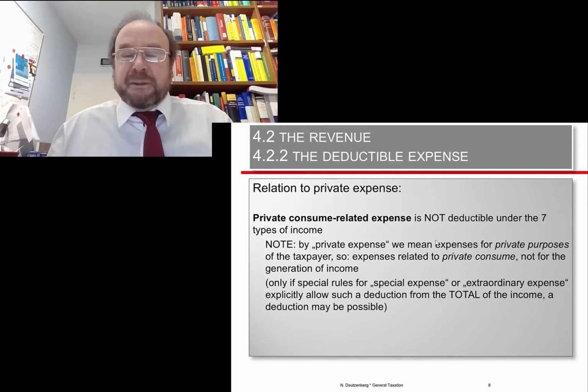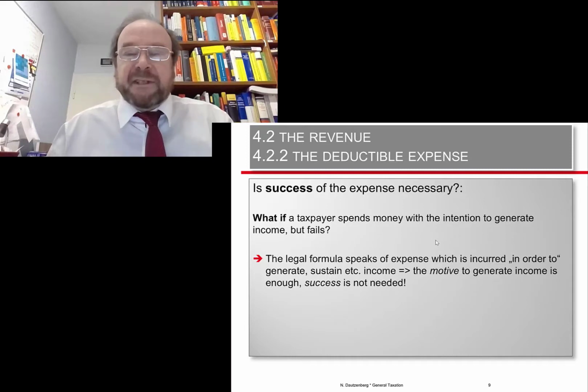But the usual private consumer-related expense is, in principle, non-deductible. So things which you voluntarily can incur for private motives.